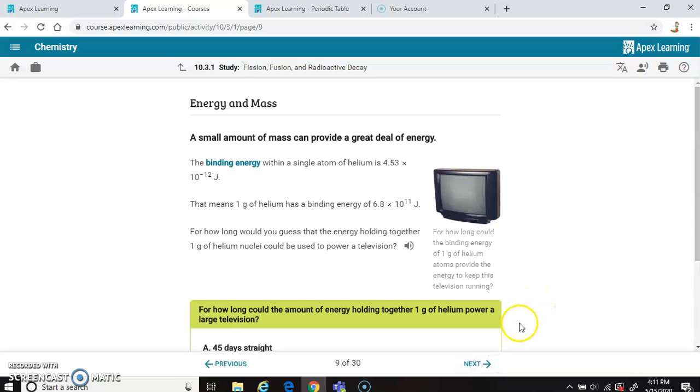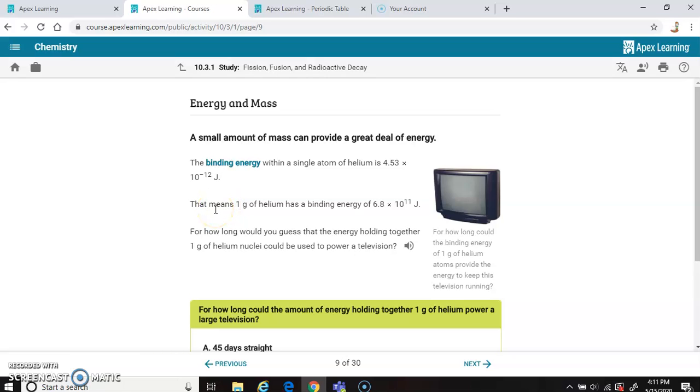Okay, so a small amount of mass, I mean, we're talking about atoms, especially hydrogen, the smallest atom in the sun, but a small amount of mass can provide a great deal of energy. They're talking about the binding energy within a single atom of helium being 4.53 times 10 to the negative 12 joules.